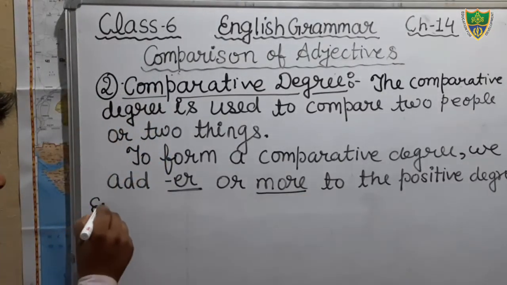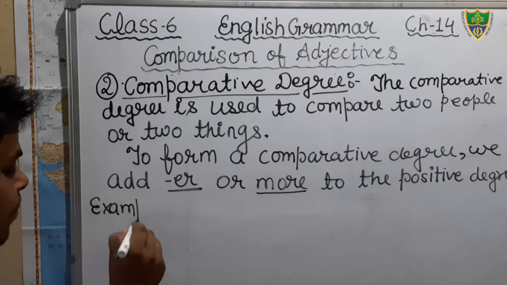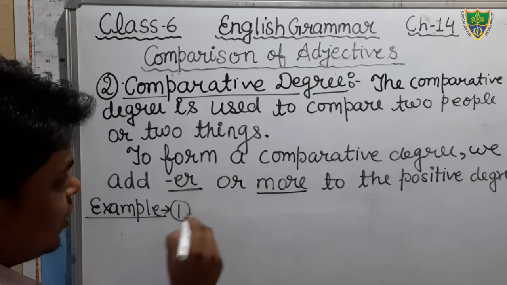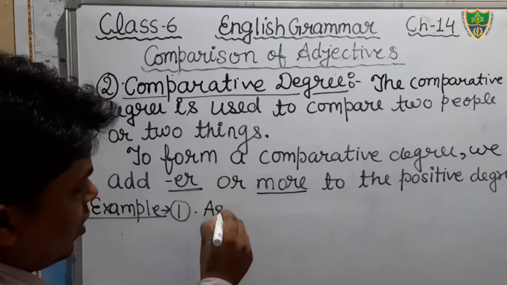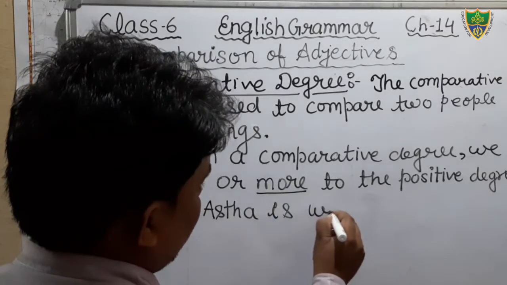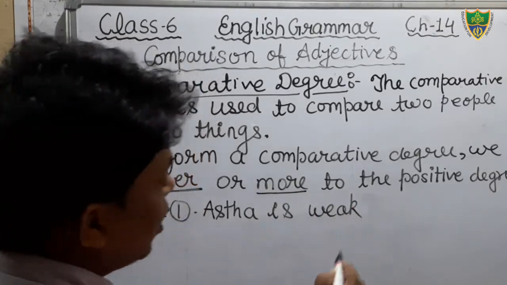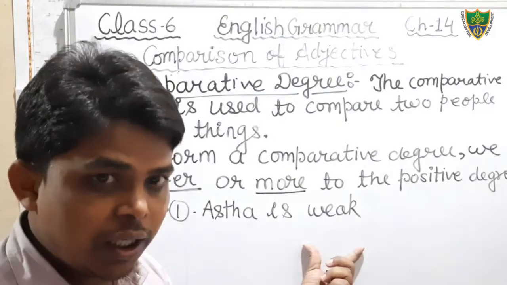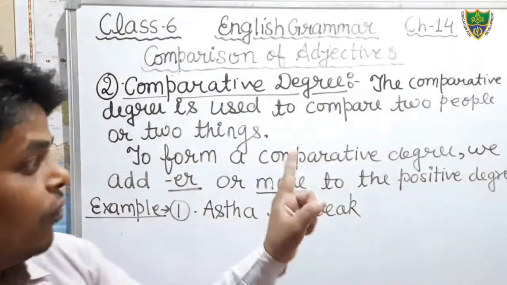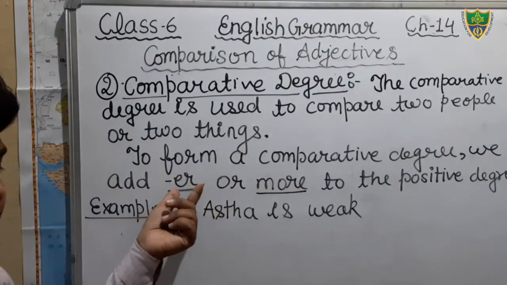Example we can see. Just see students, first example, Astha is weak. Students, weak is what? Weak is positive degree. As I have told you, we form the comparative degree by adding ER.